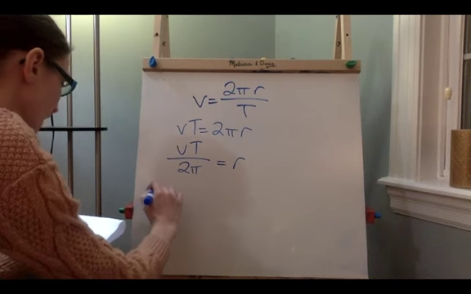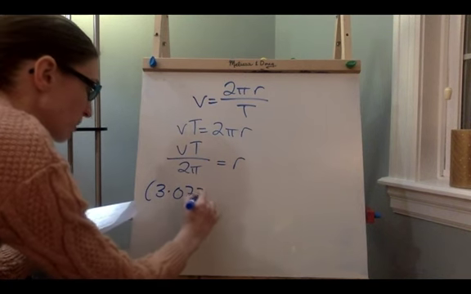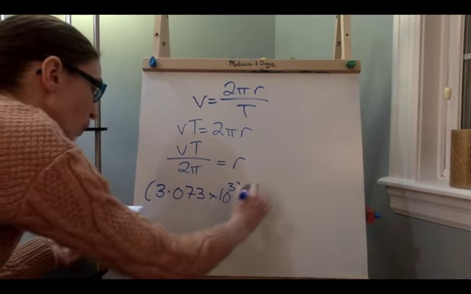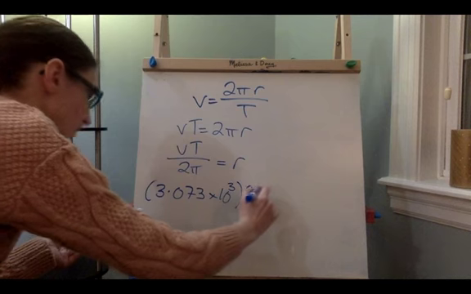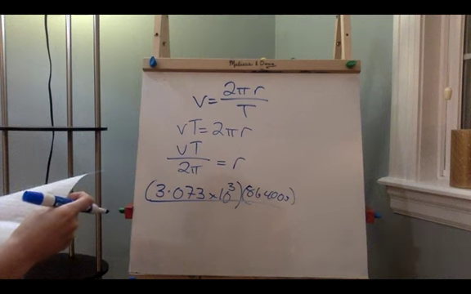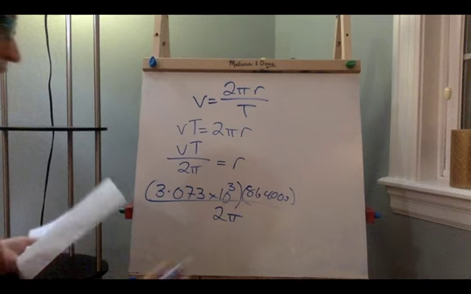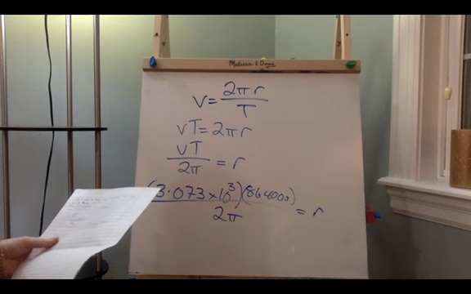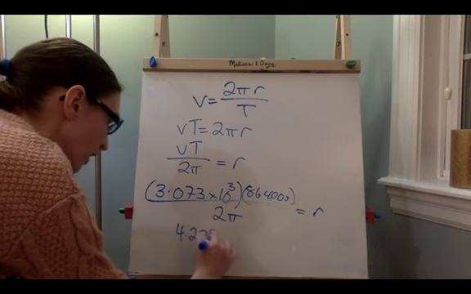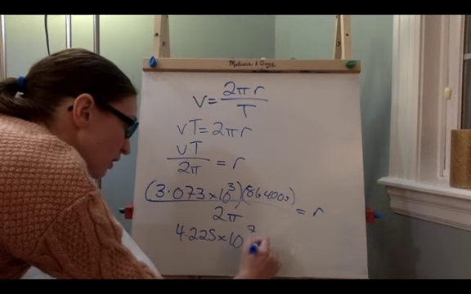And then instead we can use that velocity of 3.073, I guess if we were going to keep that extra decimal place, right, times 10 cubed multiplied by our time of 86,400 seconds divided by our 2 pi, right, and that would equal our radius, and we end up getting that exact same value of 4.225 times 10 to the power of 7 meters, right?